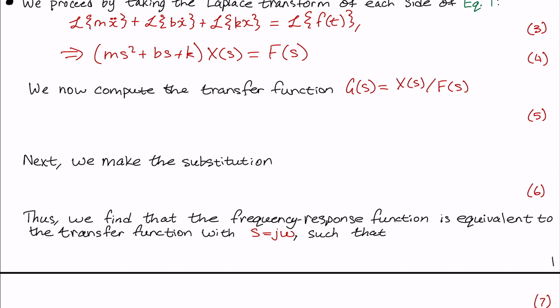And then what we'll find is that our transfer function g of s is equal to X of s divided by F of s, which will be equal to the quantity 1 divided by m s squared plus b s plus k.